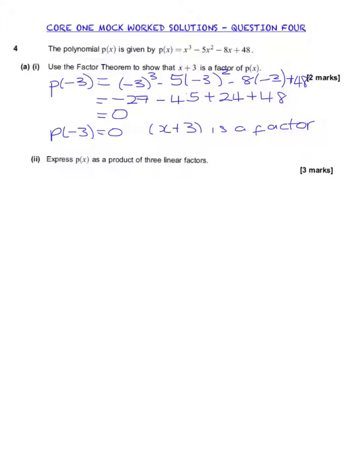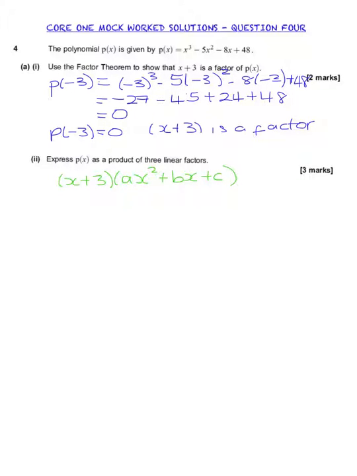We know that the cubic p of x can be written as x plus 3 times a quadratic factor ax squared plus bx plus c, which we need to find.